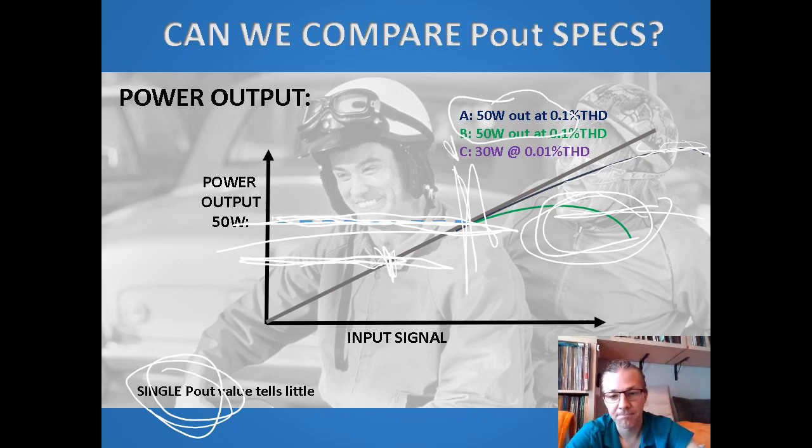And it's just that it has nicer characteristics. It can hold its performance over a much wider, much longer range. It's just that they specified the output at a certain harmonic distortion level, and that's what you get.